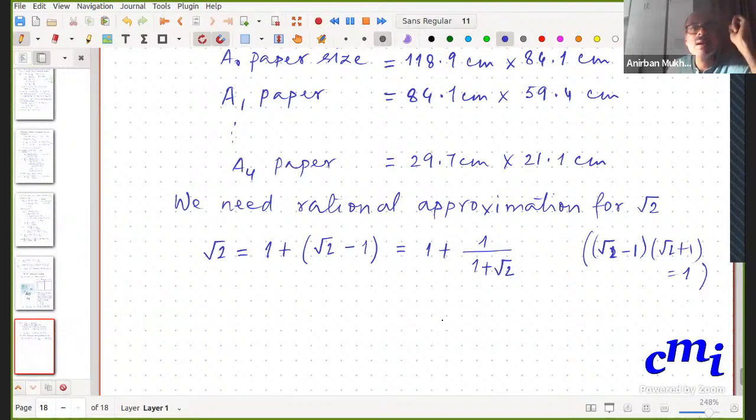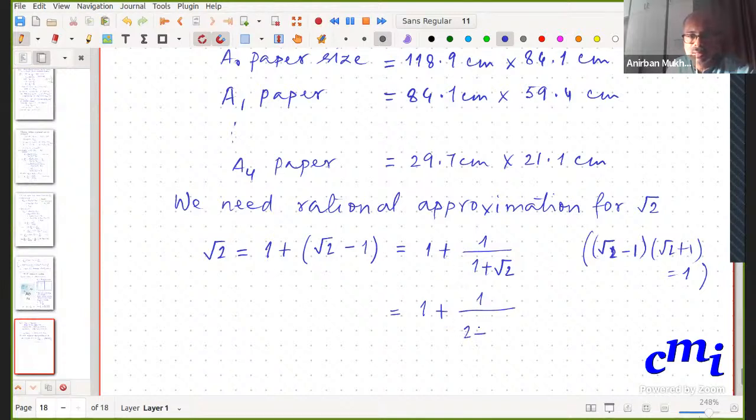This is all we need, because now we can repeat. Square root of 2 is 1 plus 1 over 1 plus square root of 2, and then the square root of 2 we can replace by this all over again, and we keep doing that. So this is going to become 2 because there isn't 1 here, so that will get added.